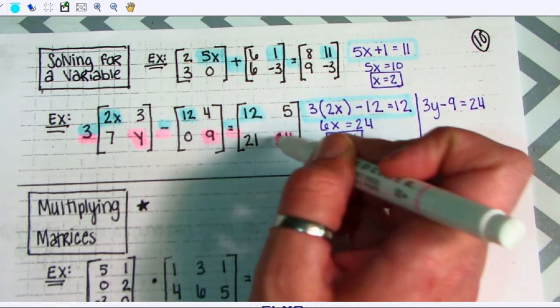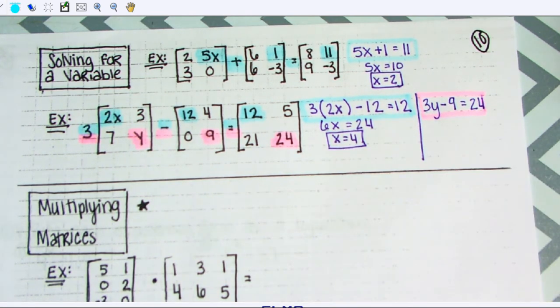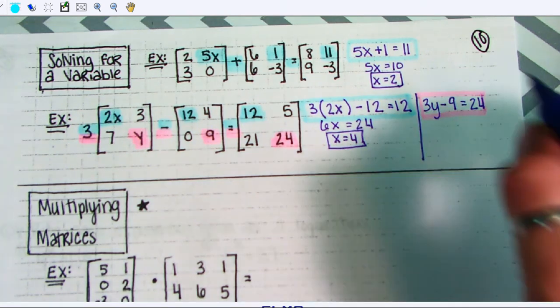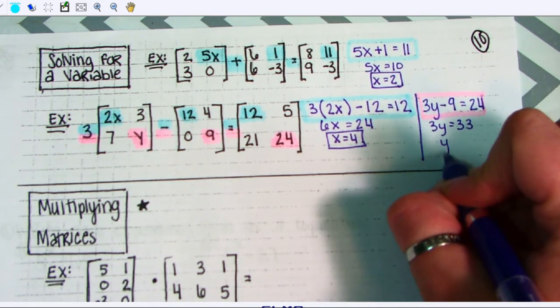So it's all about the location of your variable. Depending on where the location is, that just builds your equation. Matrices are just equations that are just written in a different way. So I'm going to add my 9 to get 33. So your y value is 11.